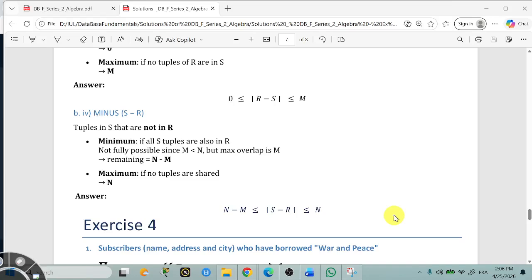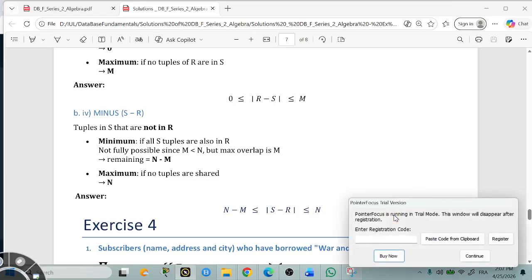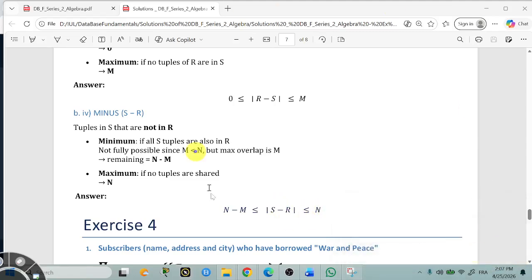It means that none of the tuples of S are in R. So if all tuples of S, which is N, are not in R, then the number of tuples we are looking for is all tuples of S. All tuples of S are not in R, and all tuples of S is N. So this is the maximum number, which is N. So we are between N minus M and N.